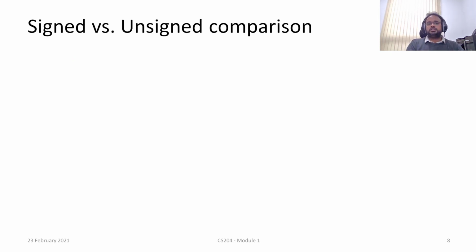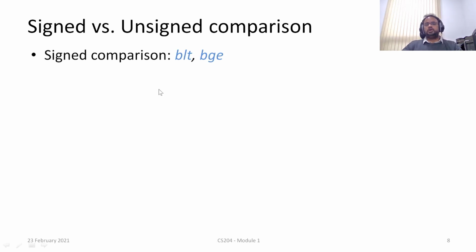In the branch instructions, just like a few of the arithmetic instructions had the unsigned variant, we have the signed and unsigned conditional checks. What we have seen is branch if less than, branch if greater than or equal to. These are signed comparisons. It means the values in RS1 and RS2 will be treated as signed numbers.